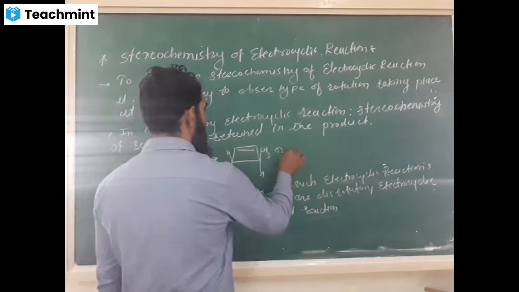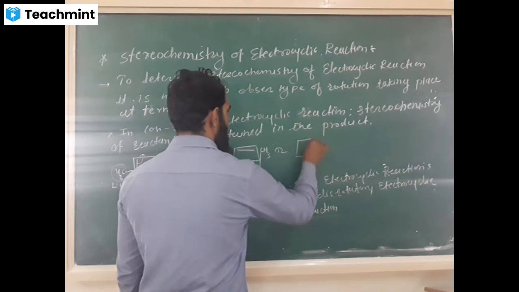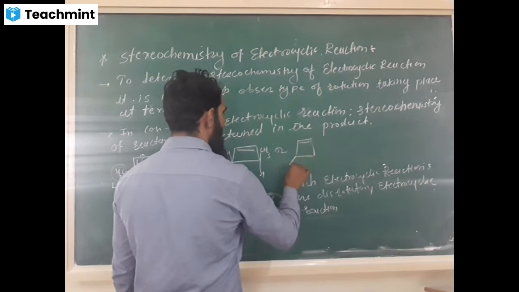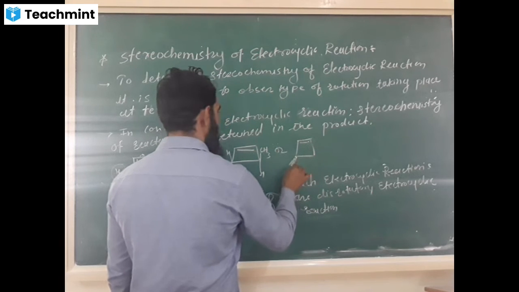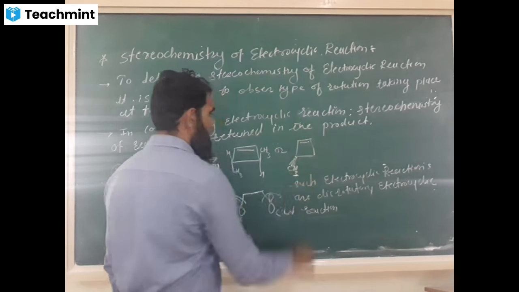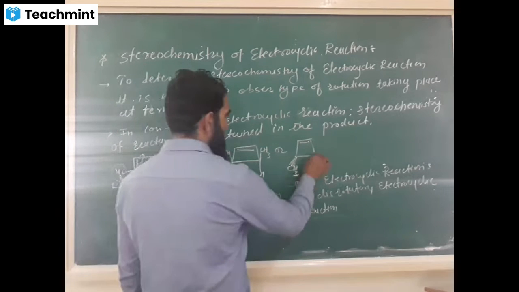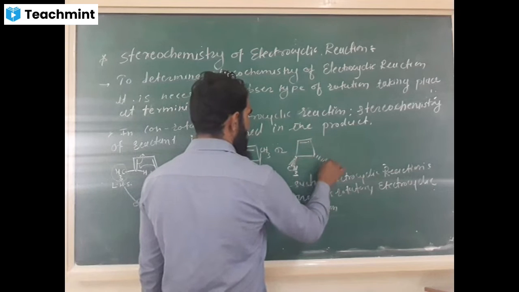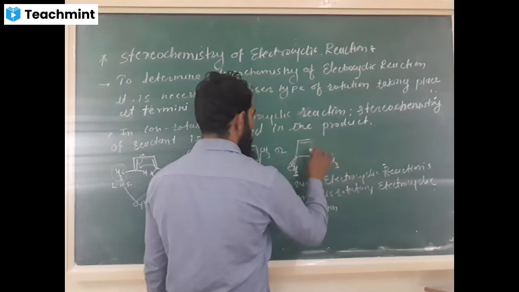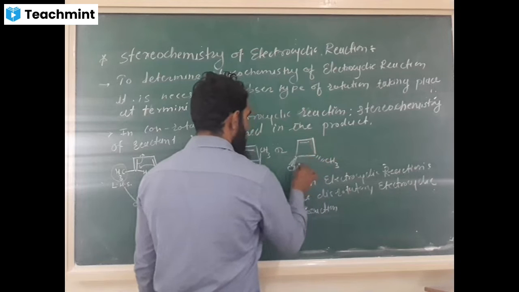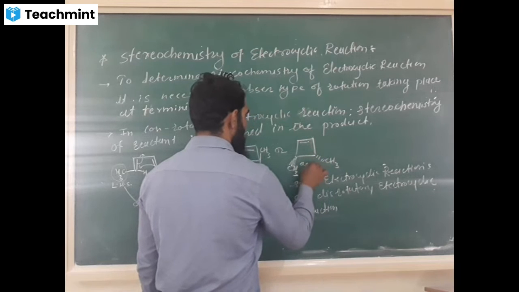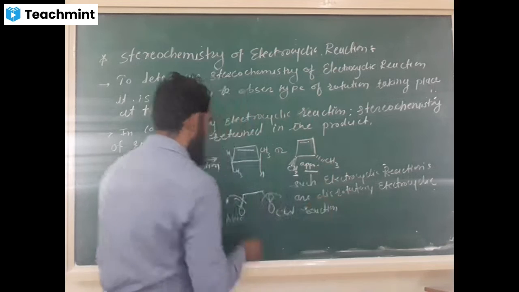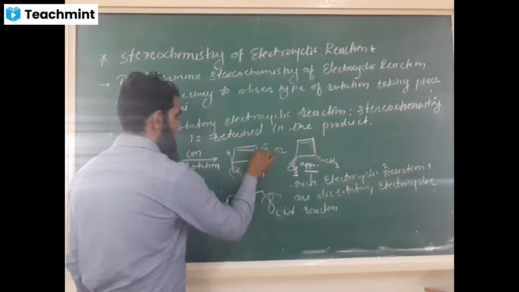Or we can also write it by a simple structural formula. One methyl group is on the right hand side, suppose towards the observer, and the other methyl group on the left hand side is away from the observer. Overall, here also they are on opposite sides.